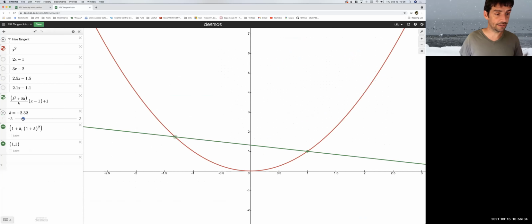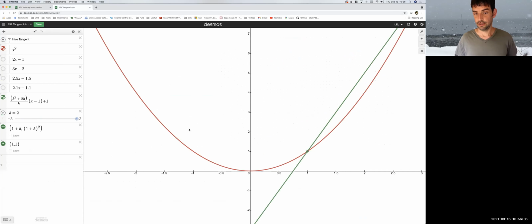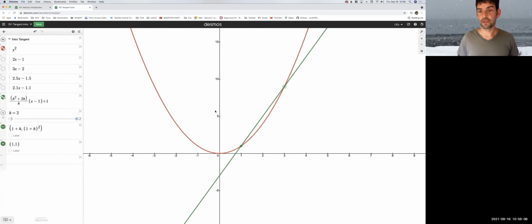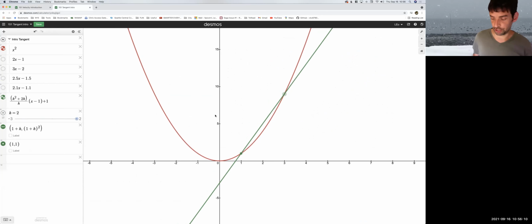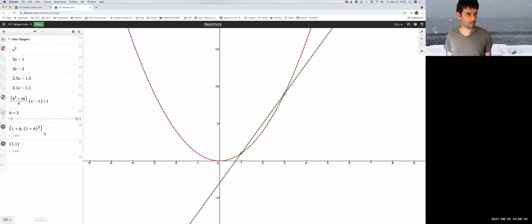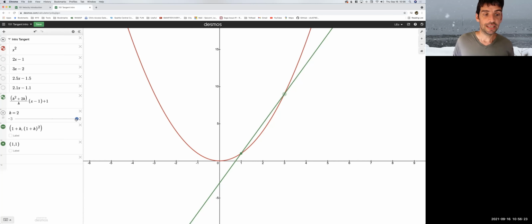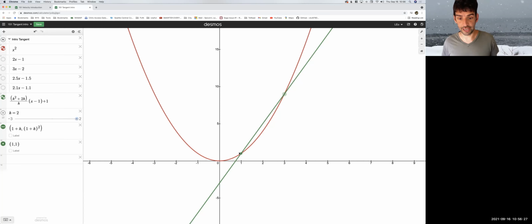So here is, there we go. Here's that y equals x squared graph. If you look at what I've got over here, I worked it out with a little more detail, I guess. But this is essentially what we just talked about, the tangent line. I've programmed that in depending on my choice of h. So here is the choice of h equals 2. Notice here's the point 1, 1.